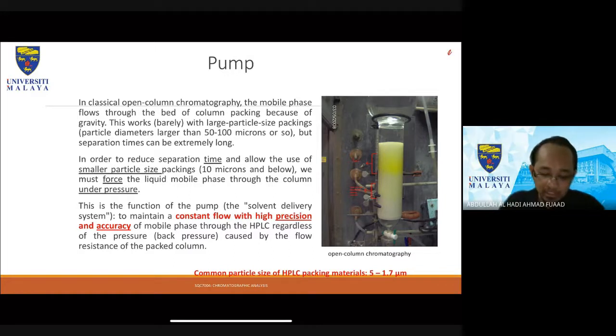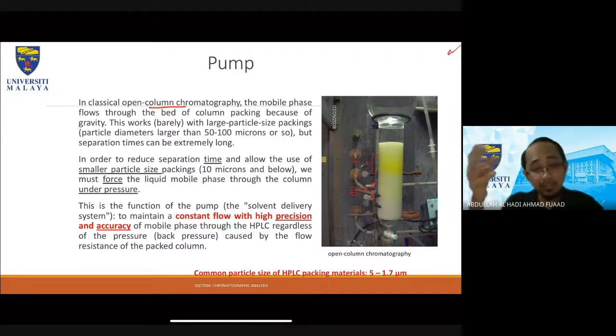In a classical open column chromatography, the old ones, the mobile phase flows through a bed of column packing because of gravity. This works barely with large particle size, but separation times can be extremely long. Again, because it's due to gravity, it depends on the silica that you use for your separation.